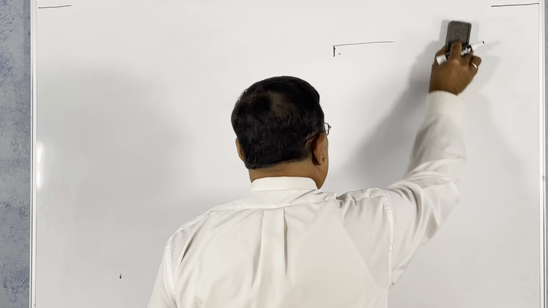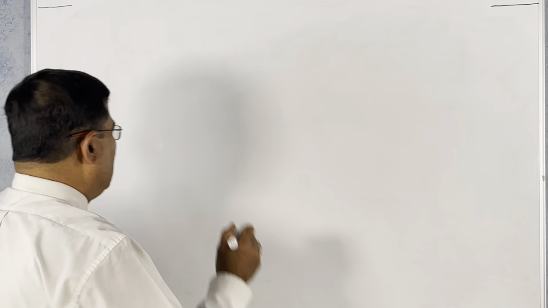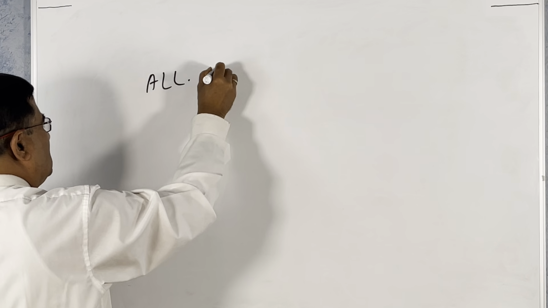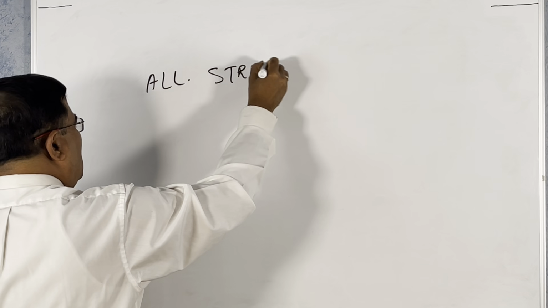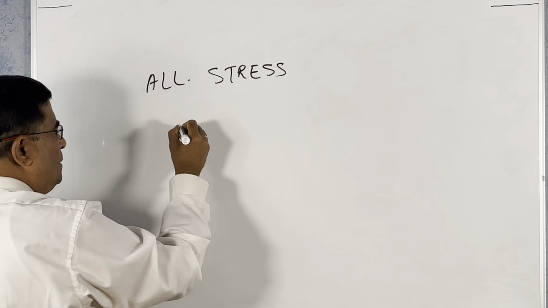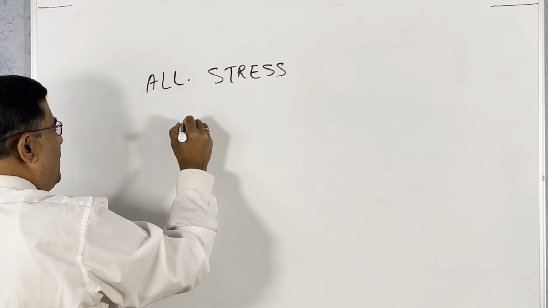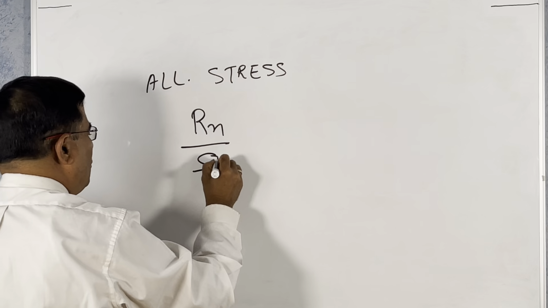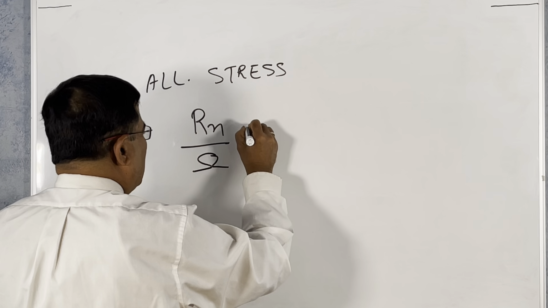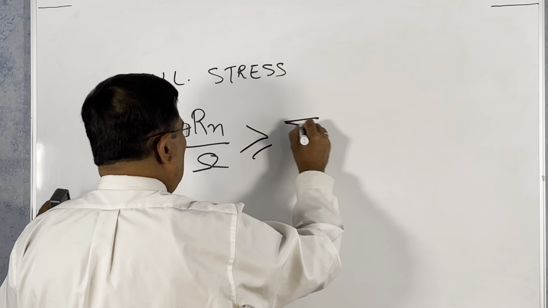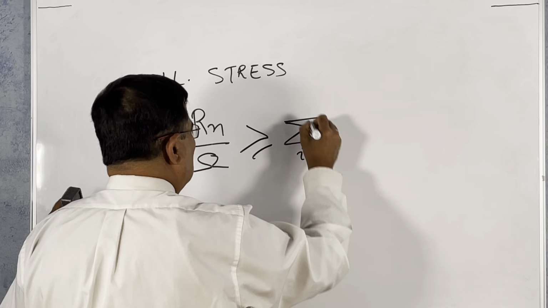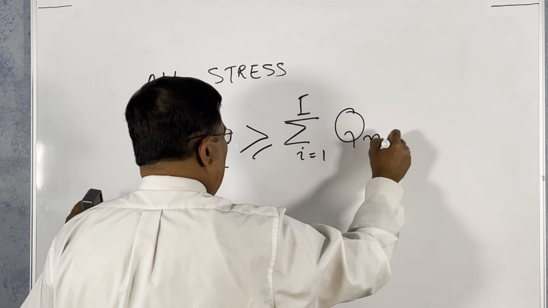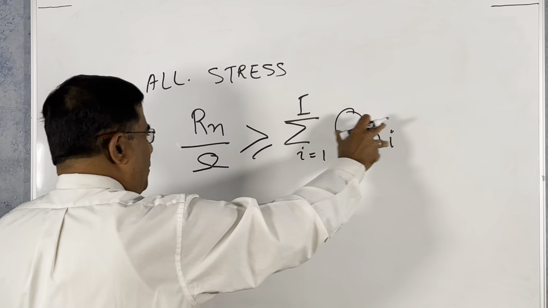So design strength, again I am writing the formula for allowable stress. It is your Rn divided by omega is greater than or equal to the sum over i equal to 1 to n of Qi. This is for the different loads.